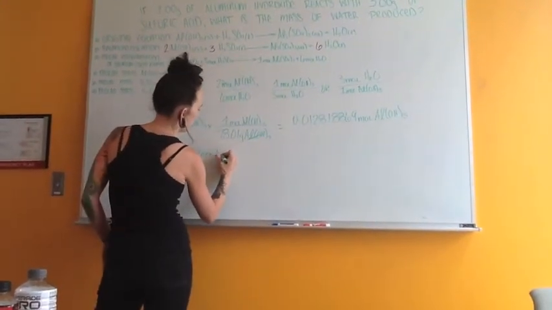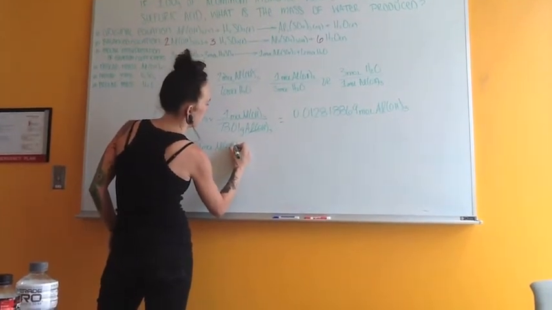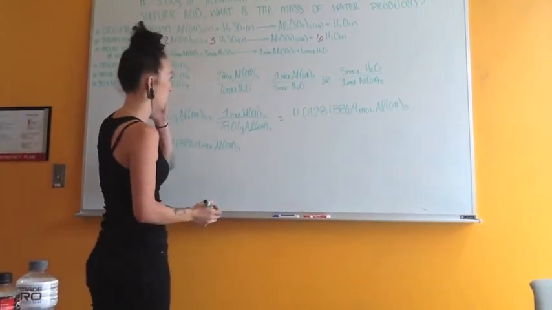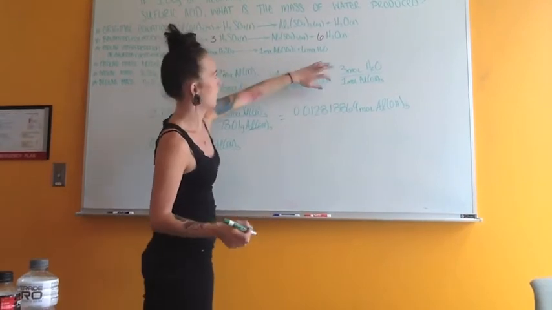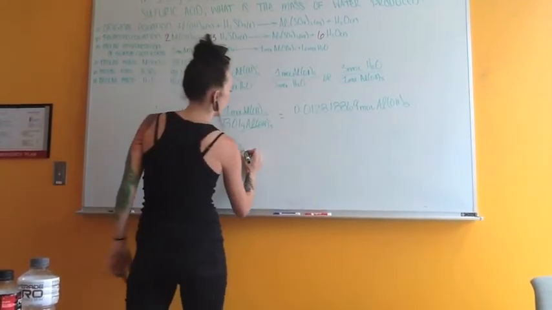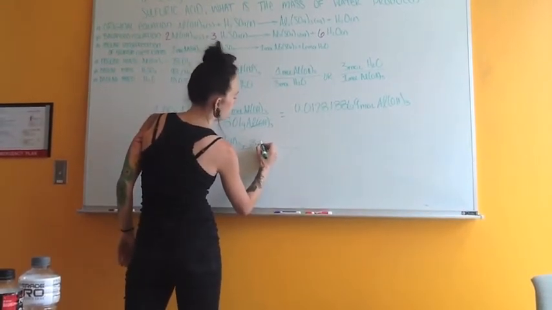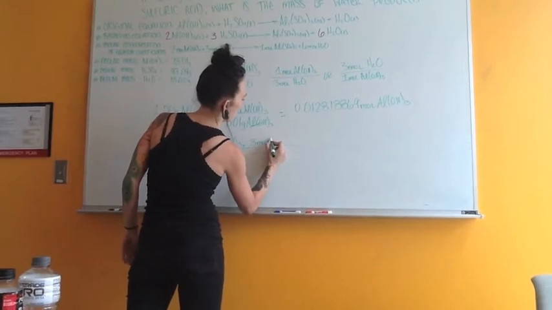And to determine your unit factor used here, you refer back to your 3 to 1, because we're going to put the aluminum hydroxide on the bottom to cancel that out, and water on the top, because we would like to remain with moles of water.